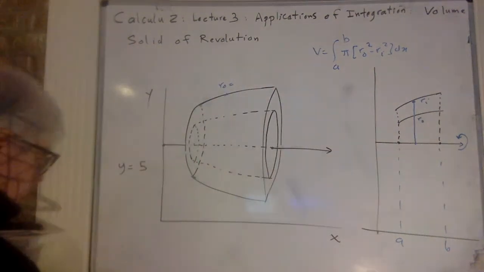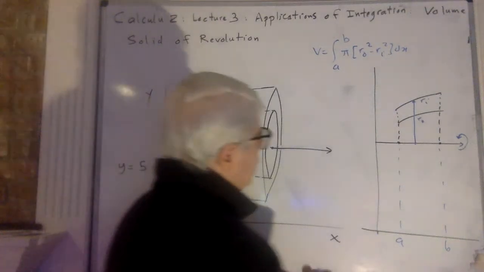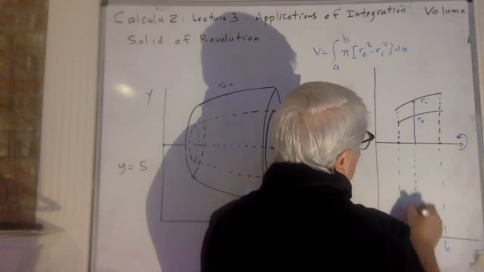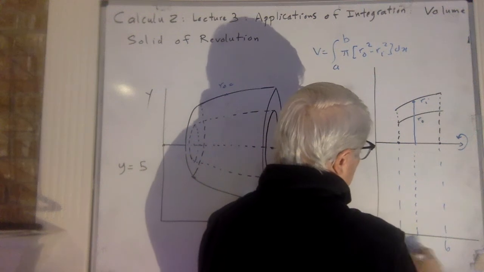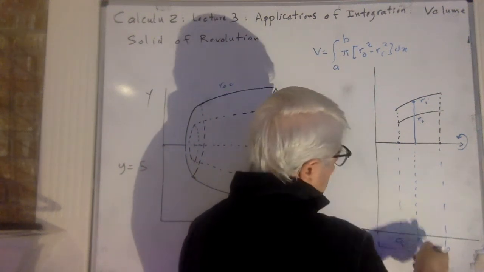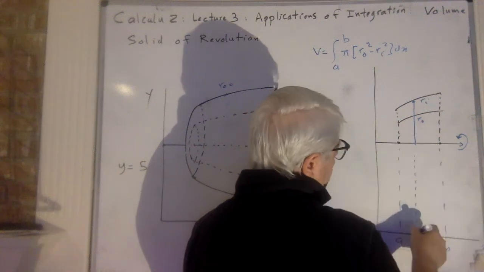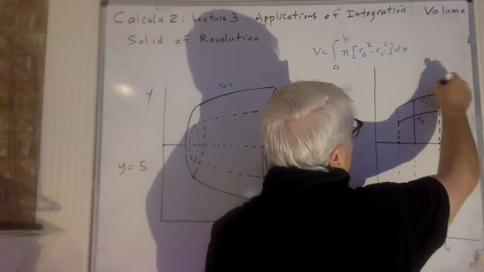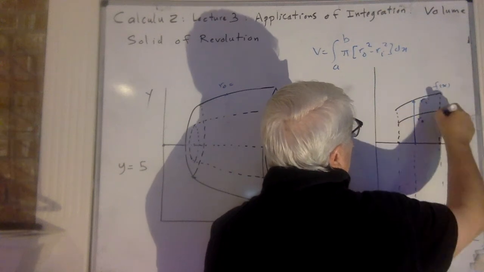Okay, let's see. What do we have here? What is given to us? So let me extend this to the x-axis. So this is x here. And from here to here is f(x), right? And this is g(x).